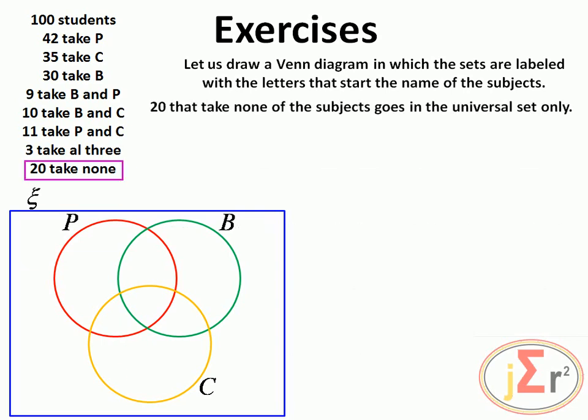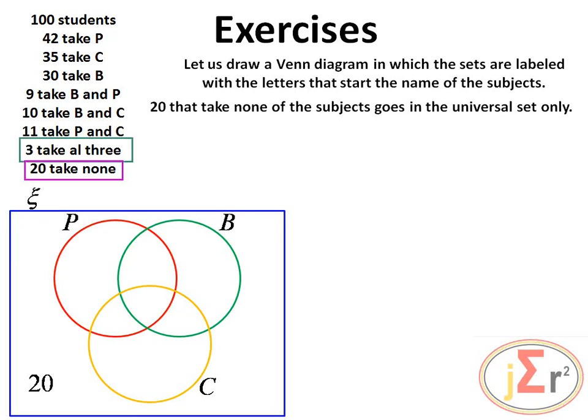And 20 take none of the subjects, so the 20 goes in the universal set only. It's not in P, not in B, not in C, but it is inside of the Venn diagram.